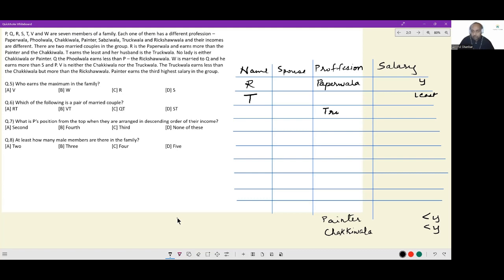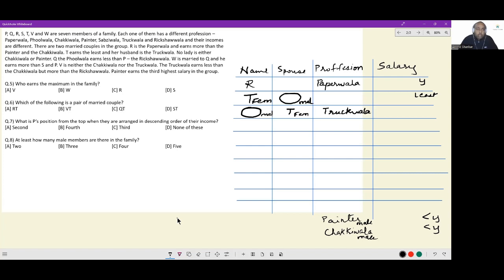So truck wala, spouse is T. Which also tells me she's a female, and this fellow has to be a male. No lady is either chakki wala or painter, which is to say the painter is male or chakki wala is male.